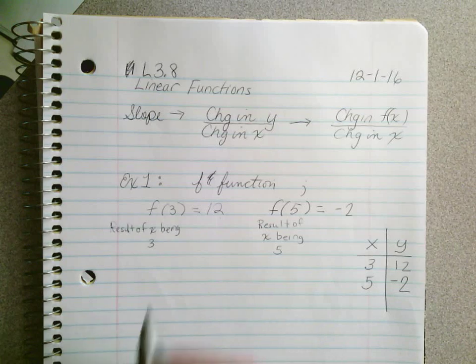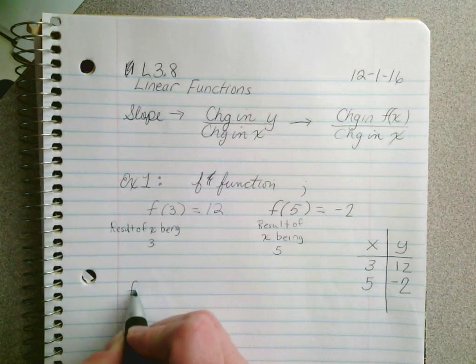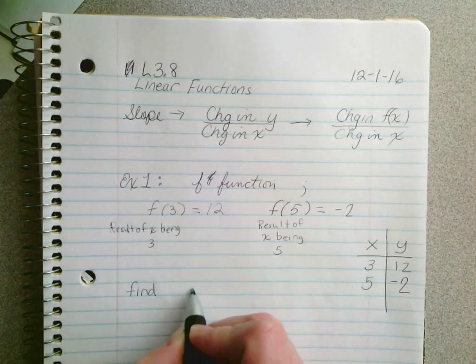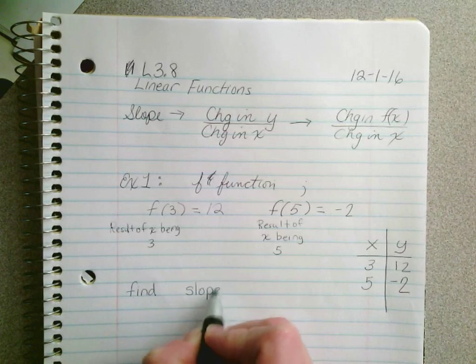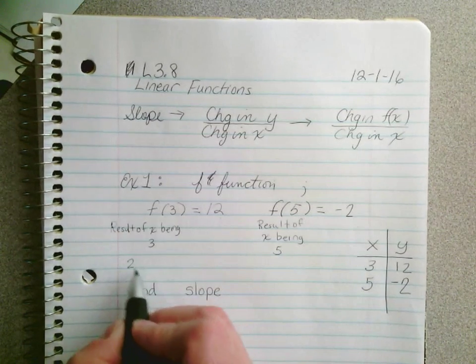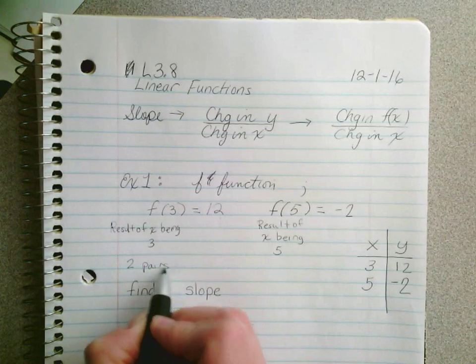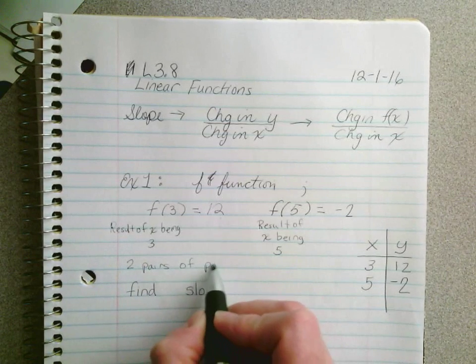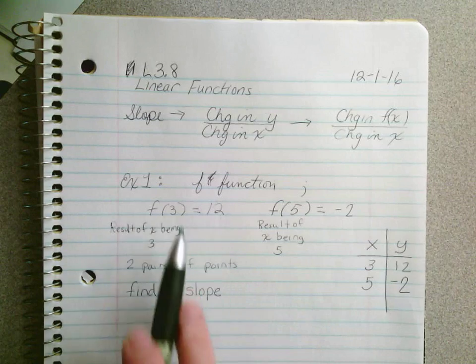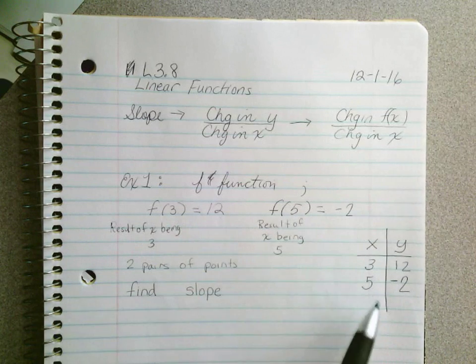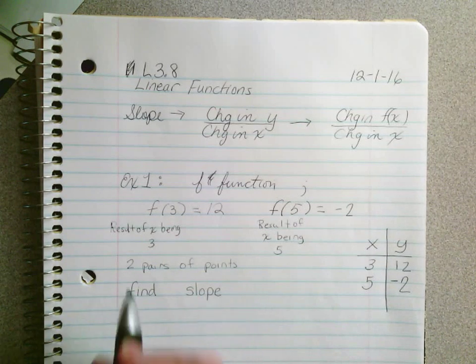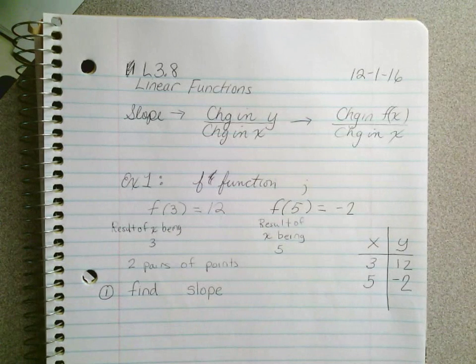First thing you're going to want to do is see if you can find slope. If you're given 2 pairs of points, and isn't that what I translated them into? 3, 12, 5, -2. First thing you're going to do is find slope.